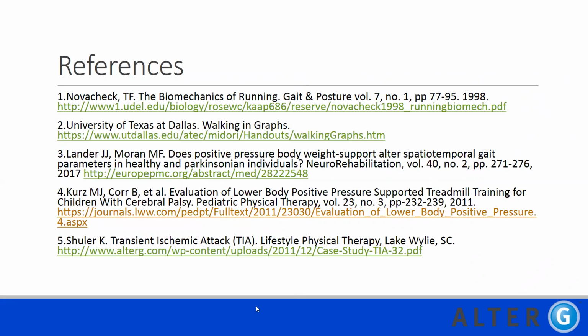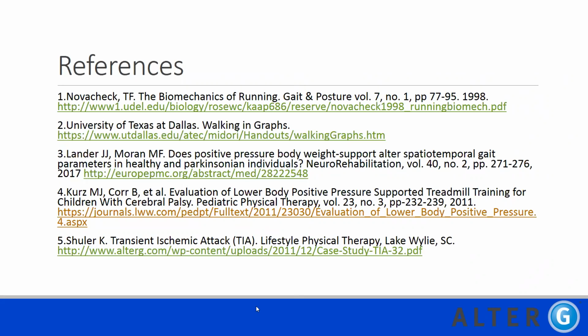So that is available to you as the clinician to give visual or verbal feedback, or even record video. If you have the VMS system that's included with AlterG, you can use that, or you can take your own phone or camera and record as well.